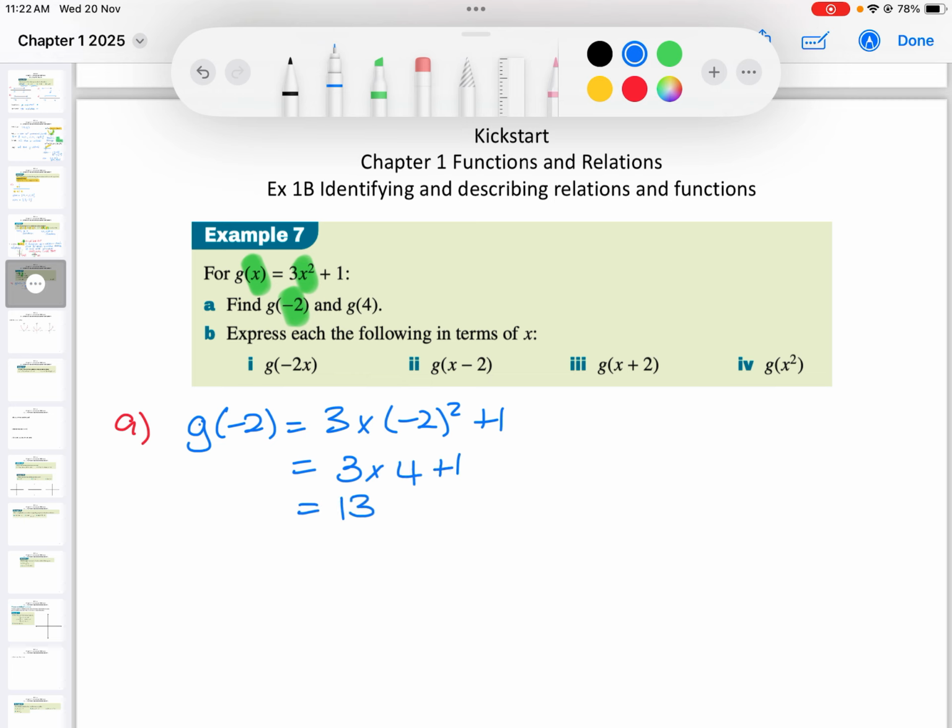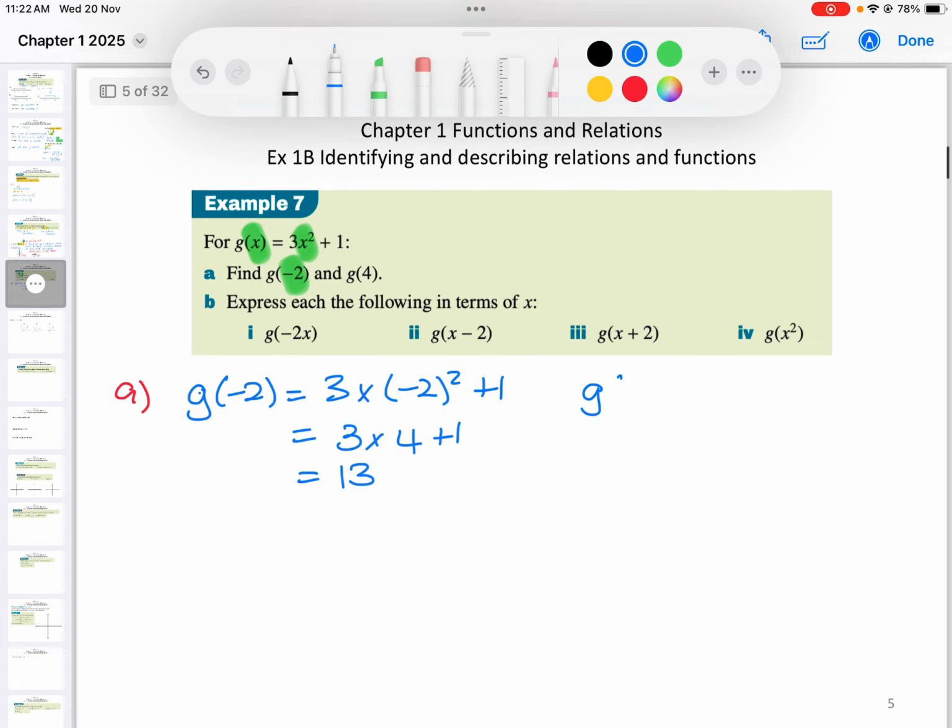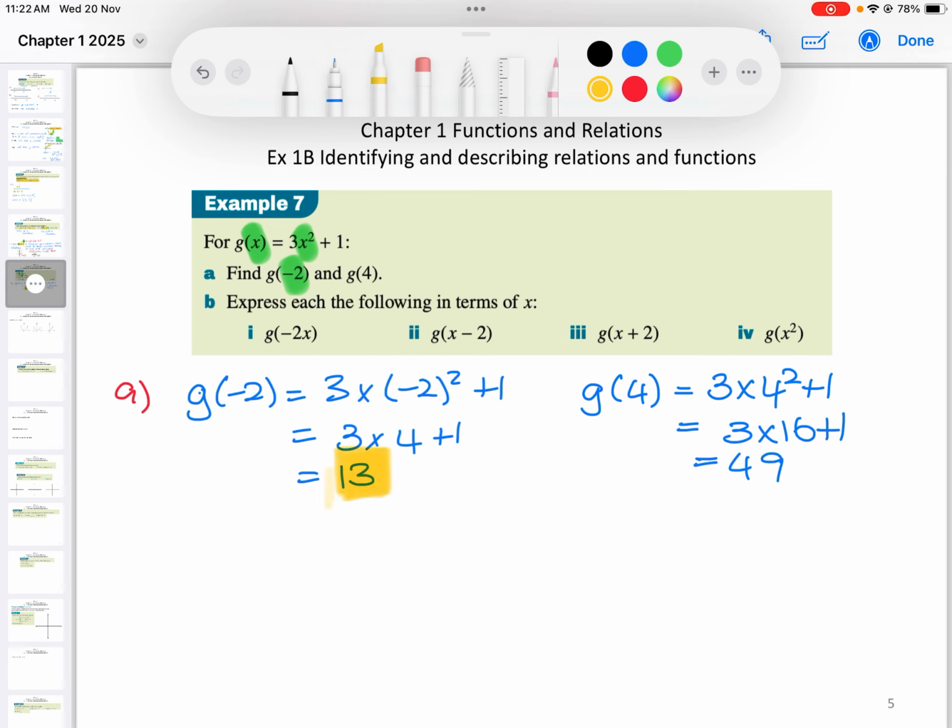If we want to find g of 4, every time we see x, this time we write 4. 3 times 4 squared plus 1, which is 3 times 16 plus 1, which is 49. So it's just replacing that x value with whatever we've got in the brackets.